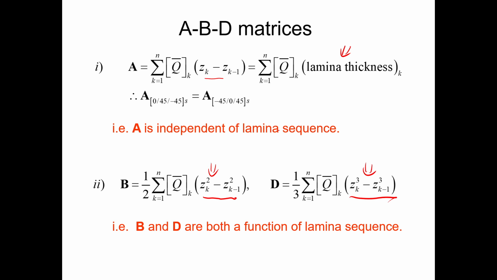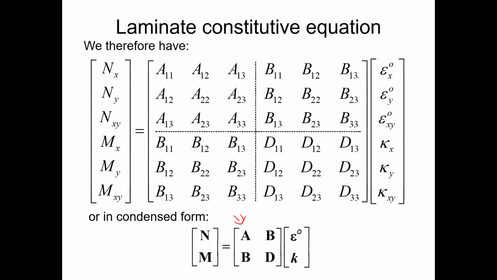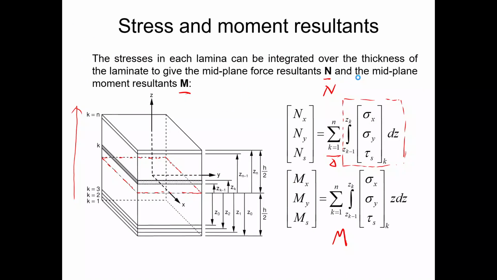The reason for that is, if you go back a few slides, when we talk about the definition of zk minus 1, they are the distance from your layer height to your middle plane.